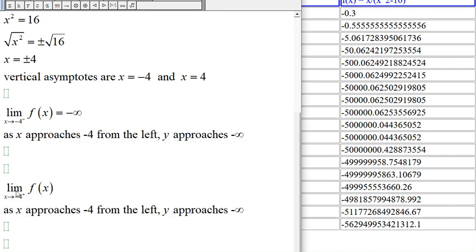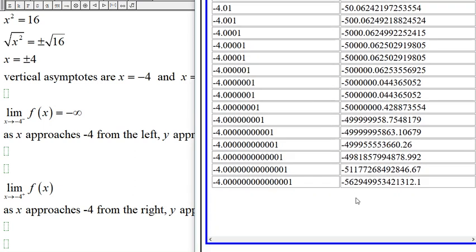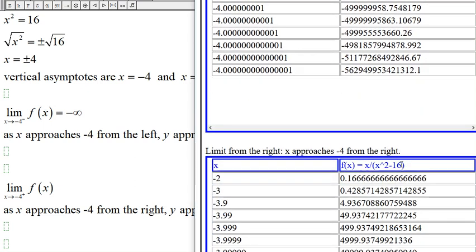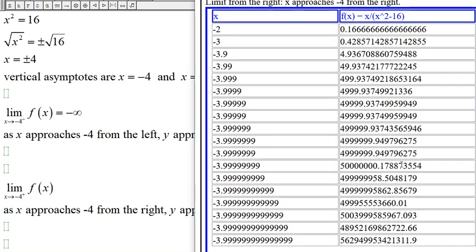So right here, we put negative infinity. And then the same thing here. Now we want to know as x approaches negative 4 from the right, what is happening to the y. And so here's the table of values. So these numbers are to the right of negative 4. And so we're getting closer and closer to negative 4.